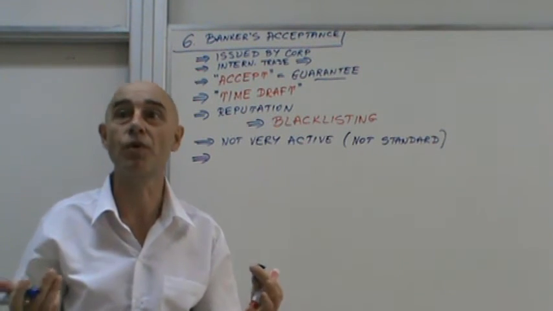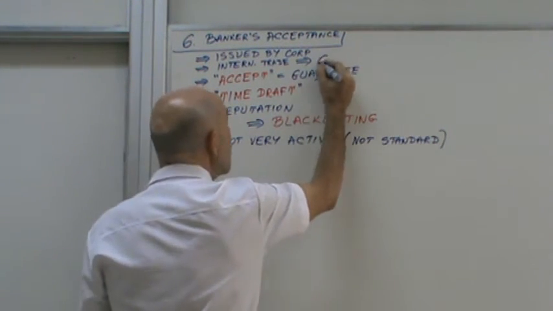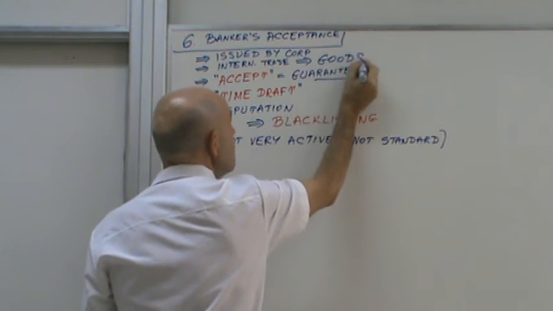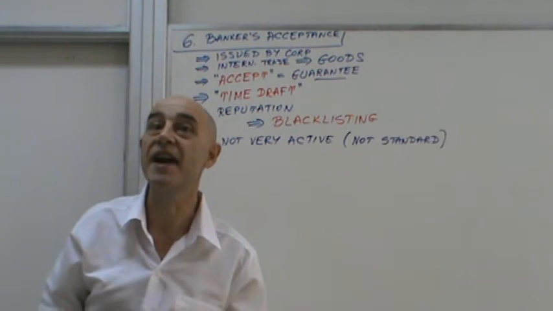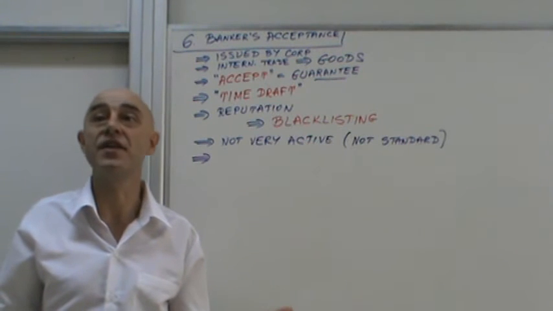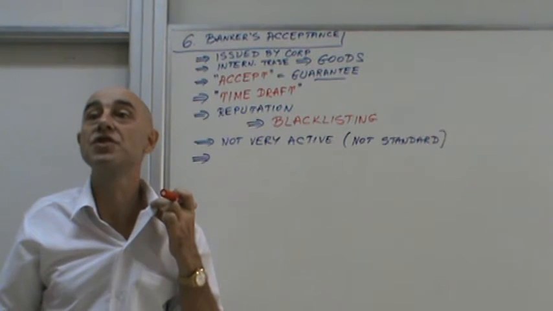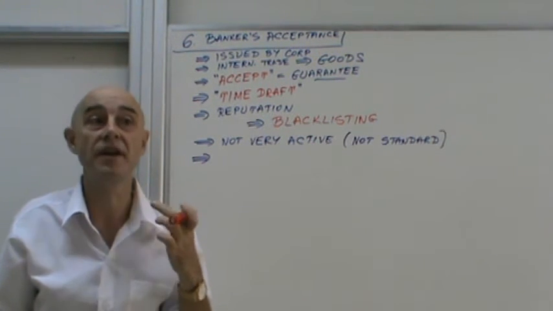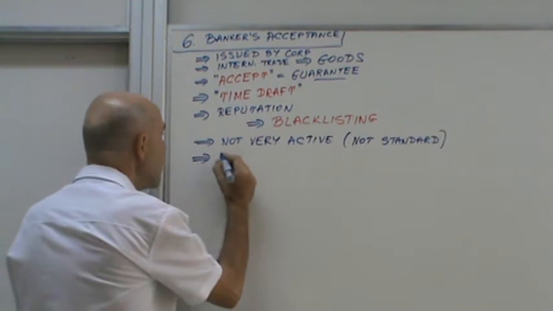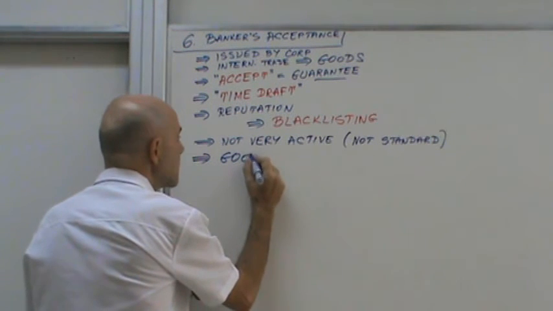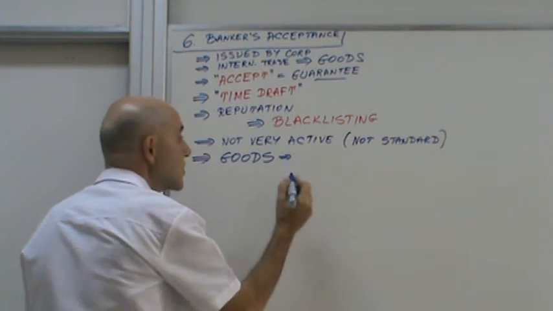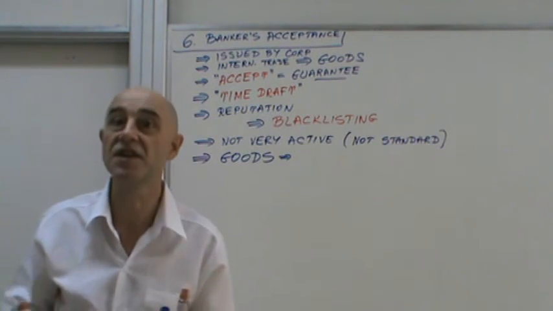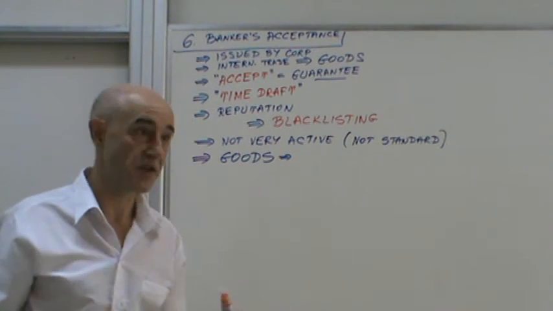So you export or import goods. Maybe you're importing, let's say, 20,000 iPhones or 50,000 shirts. So the goods themselves will also serve as a security.